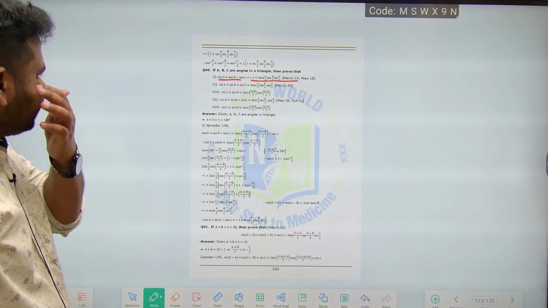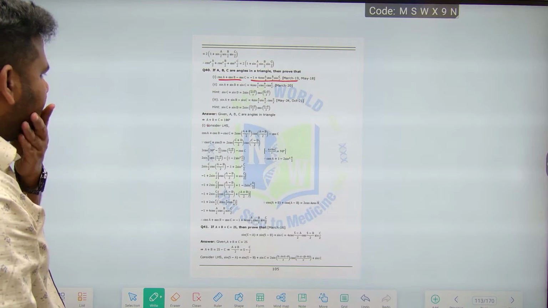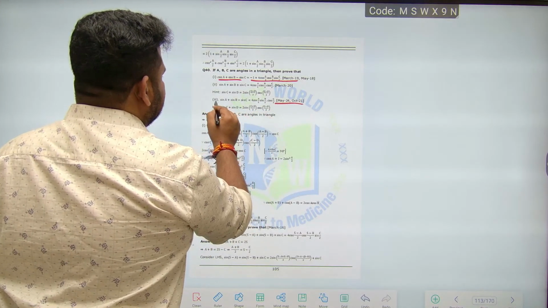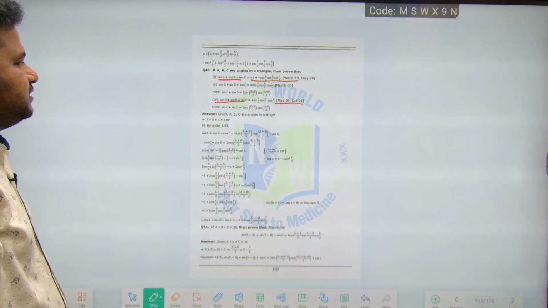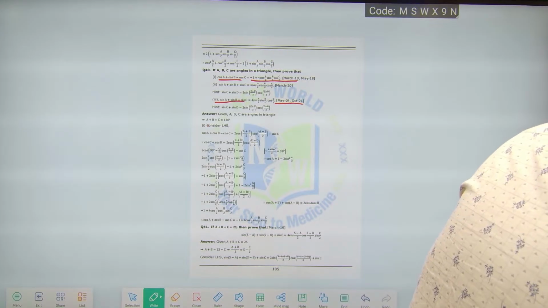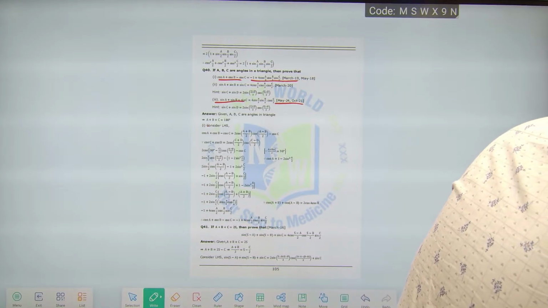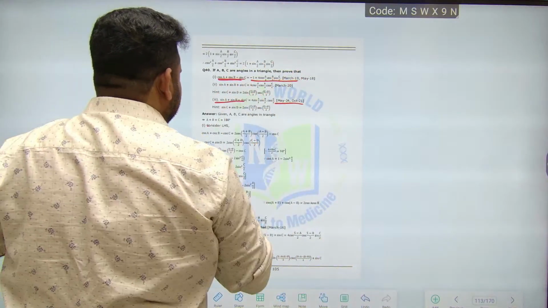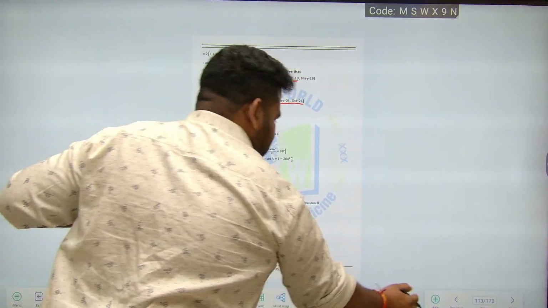Or we can take the question that was asked recently, in May 2024: sin A plus sin B minus sin C. Or let us take up the first question. It is more complicated, but let us solve that complicated question, not a problem.